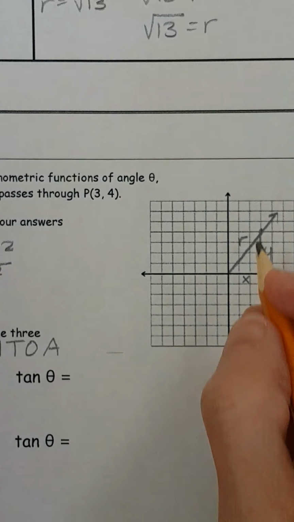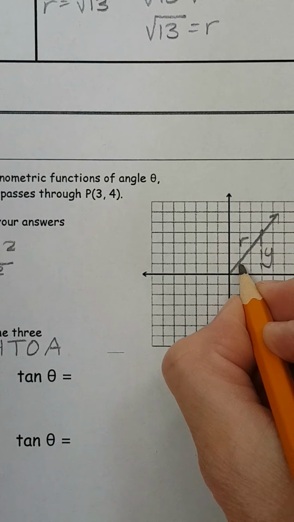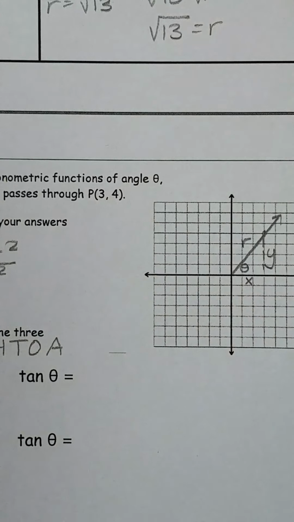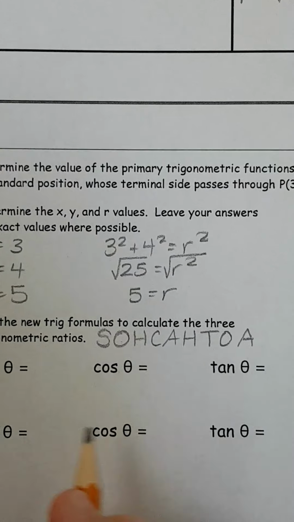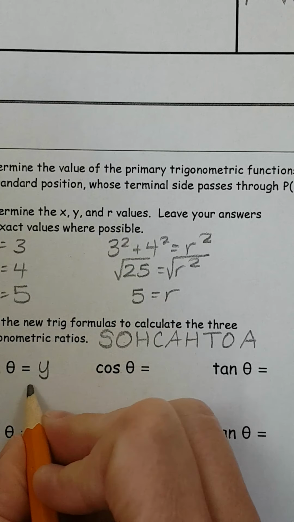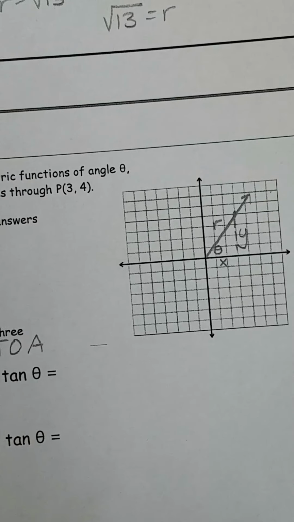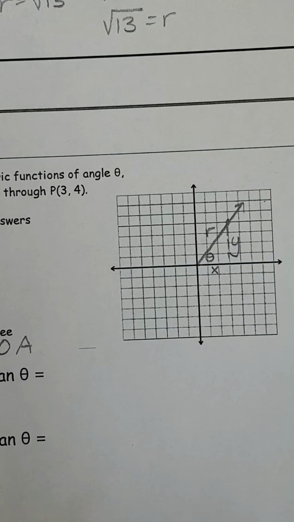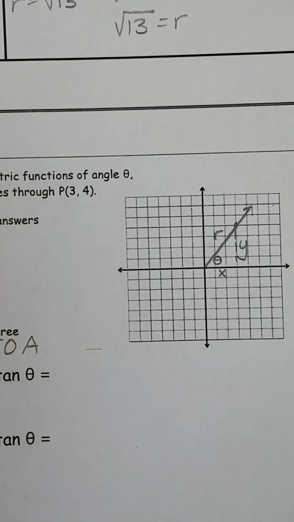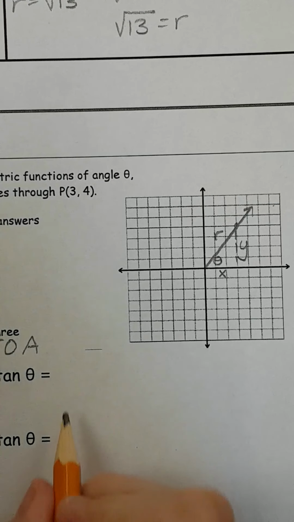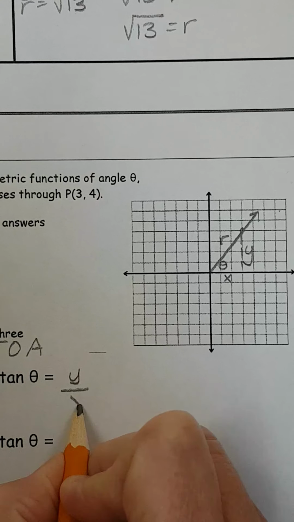Sine of theta is opposite over hypotenuse. Now our opposite side is y, and our hypotenuse is r, so it's y over r. Cos is adjacent over hypotenuse, so x over r. And tan is opposite over adjacent, so that's y over x.